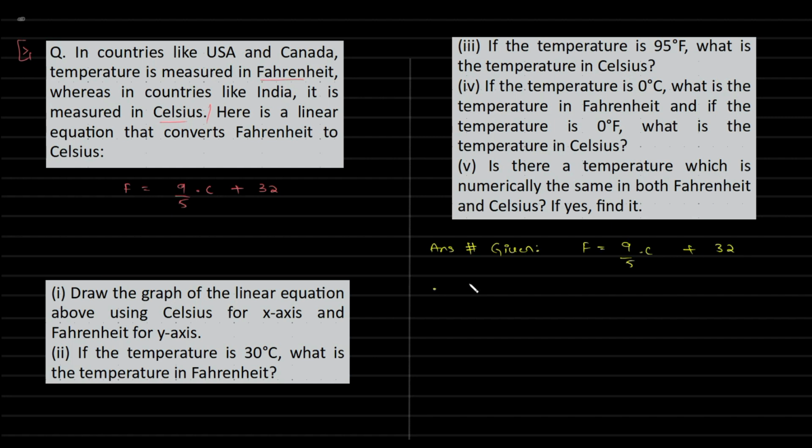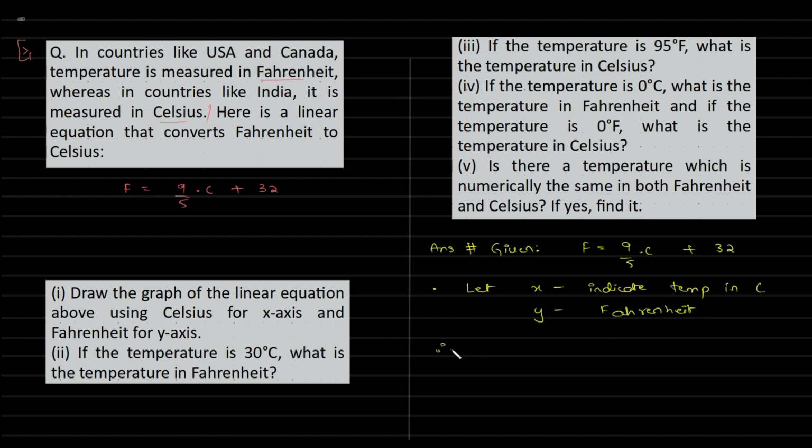Then we need to express x as temperature in Celsius and y as Fahrenheit.